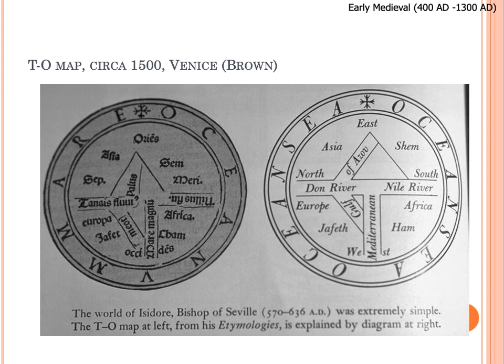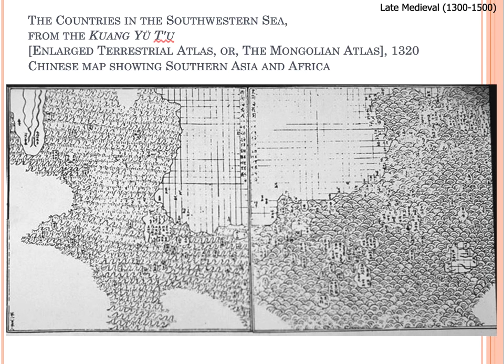Also, we have a map here in Venice. And here, this is showing us the countries in the Southwestern Sea from the Kwangyu 2. This is showing us Southern Asia and Africa.